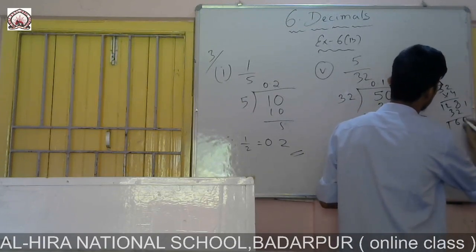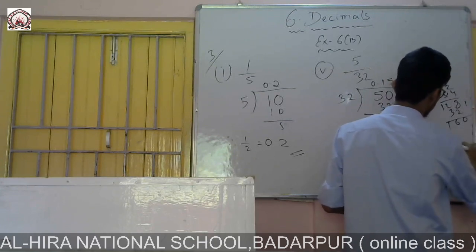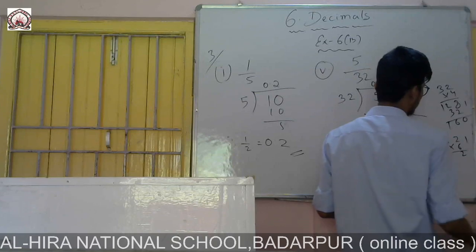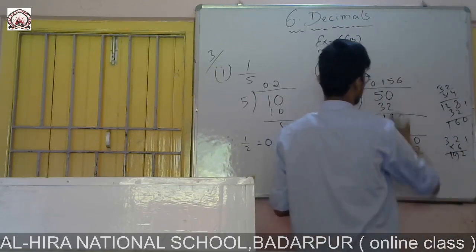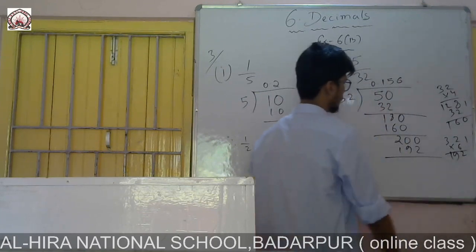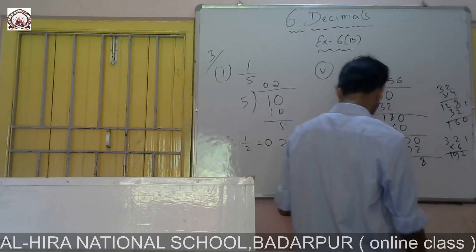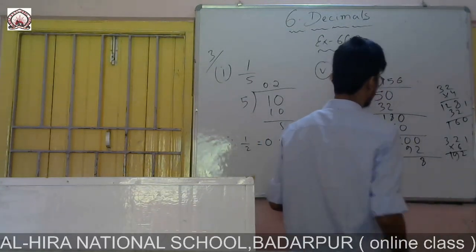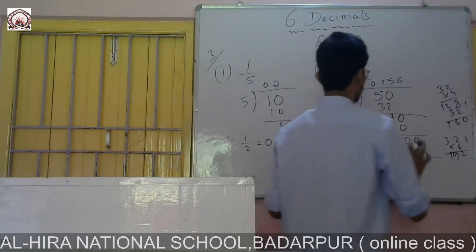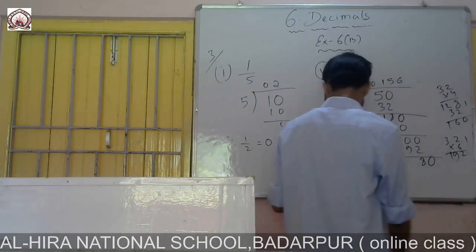Then if I multiply 32 by 6: 6 2s are 12, 6 3s are 18 and 1 is 19, 192. So it is 192, and again I get 8. Again the decimal is there, I can put 10.